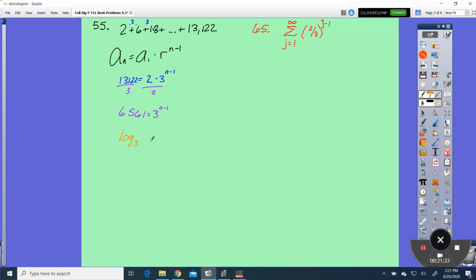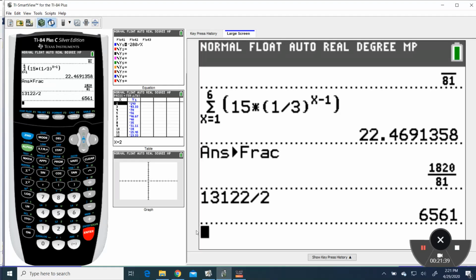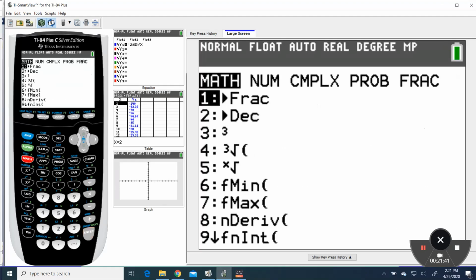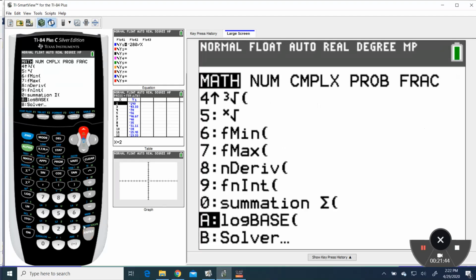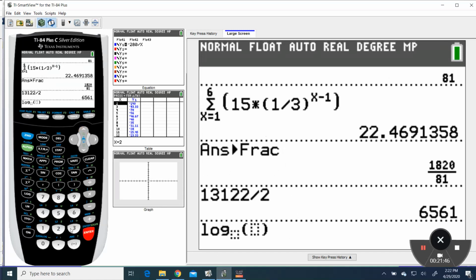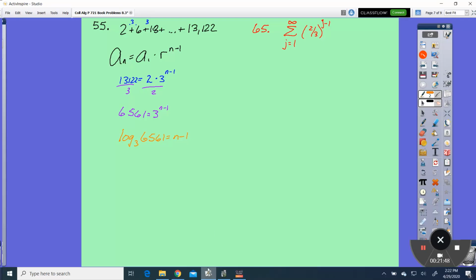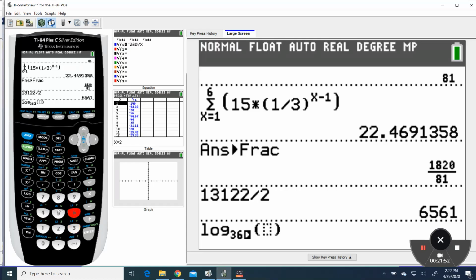I go log of 6561 equals n minus 1. So now I come back to my calculator. I hit math. Log base 3. See, there's the 3. And then 6561. Whoa, whoa, whoa, whoa. What are you doing, computer?